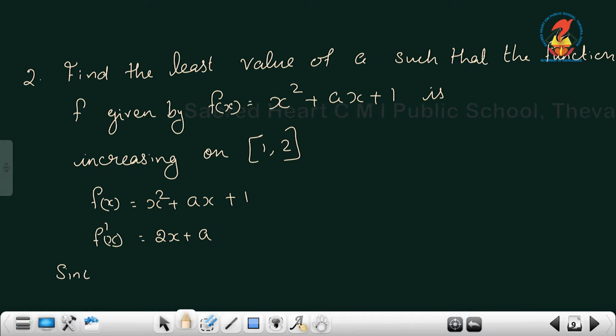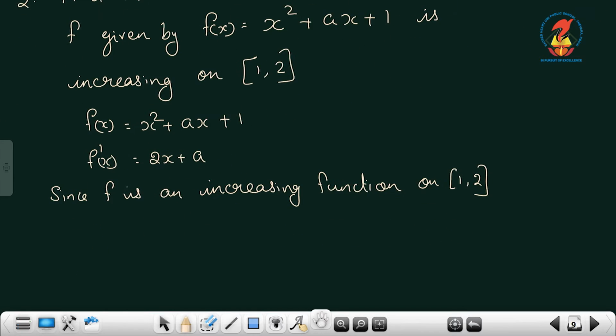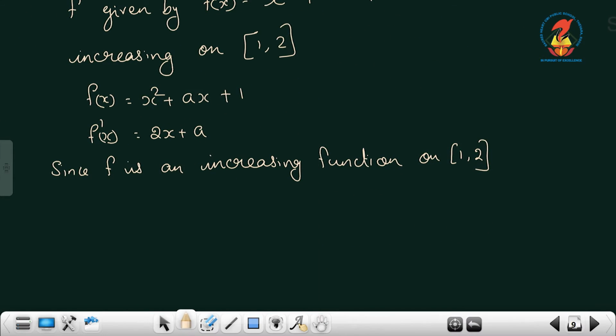Since it is given that f is an increasing function on the interval 1 to 2, the condition for an increasing function is f dash x is greater than or equal to 0.